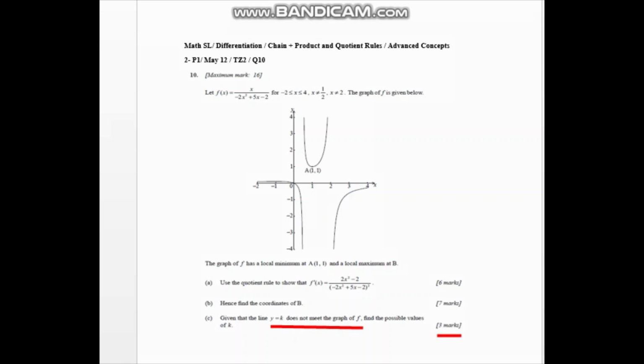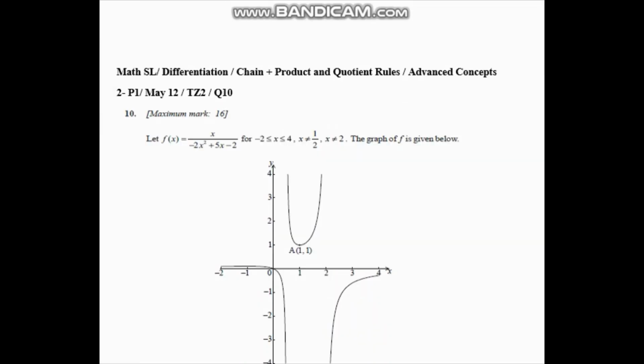Anyway, let's focus on the drawing, the sketch, in order to explain how to find the values of k. So we are told that we have a line y equals k. You should know from previous years that the line y equals k is a horizontal line.